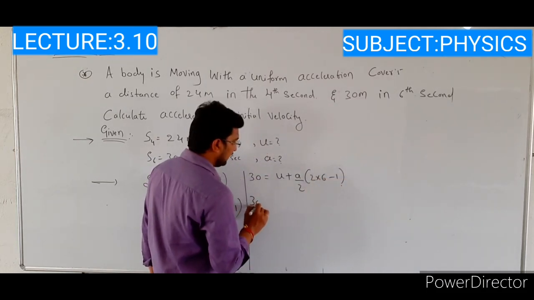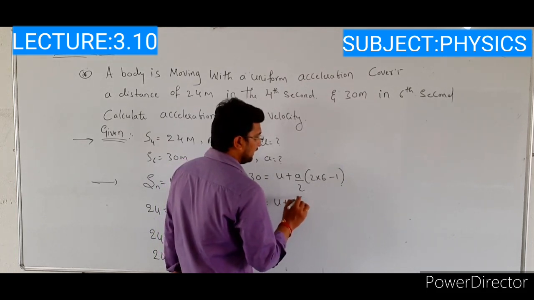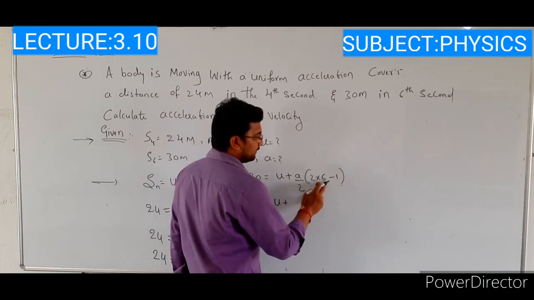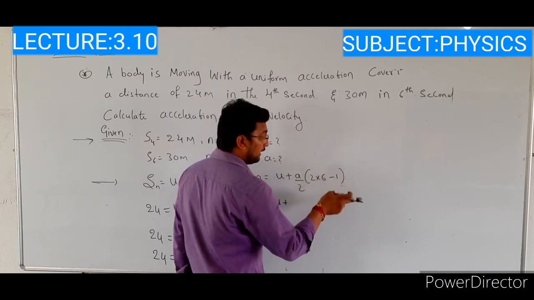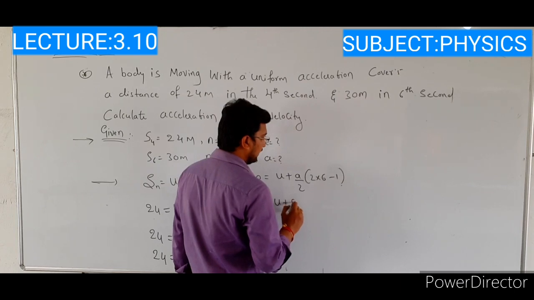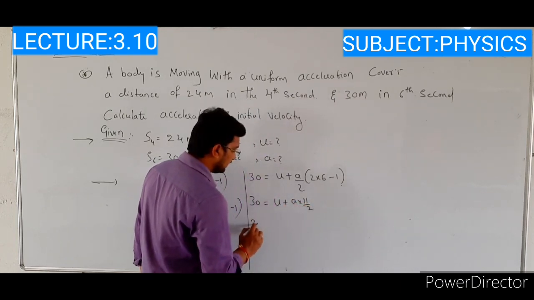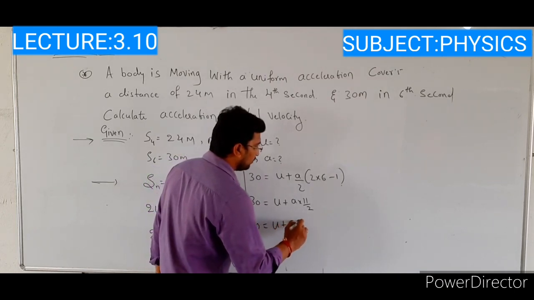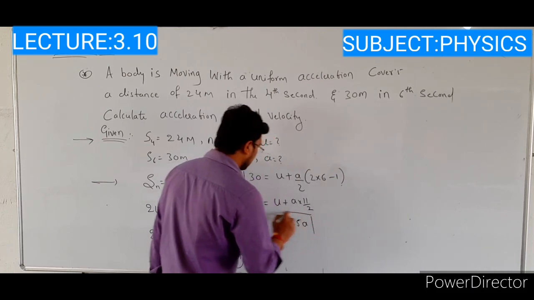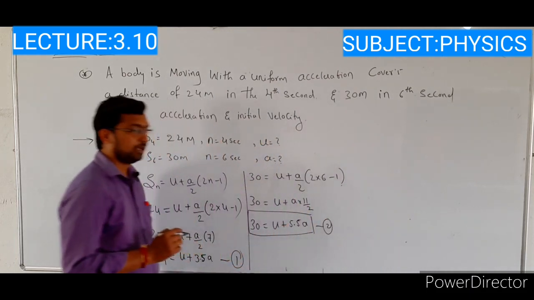Then 30 is equal to u plus a by 2 into 2 into 6, that is 12. 12 minus 1, 11. 11 by 2, so that is a into 11 by 2. In the next step, 30 is equal to u plus 5.5 into acceleration. So this is our second equation.